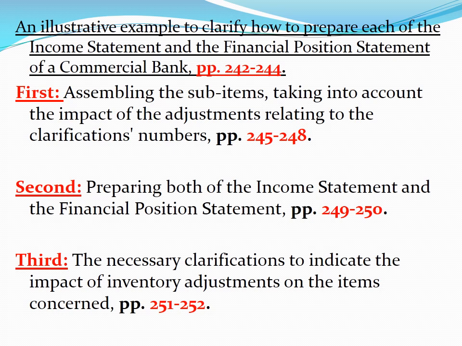There are three main points we will consider. The first one, assembling the sub-items taking into account the impact of the adjustments relating to the clarification numbers, that is pages 245 to 248.